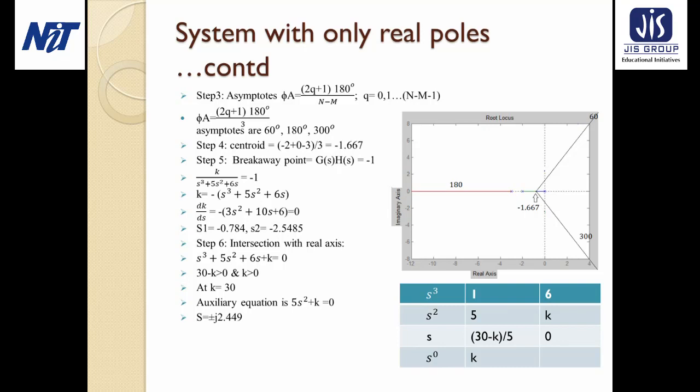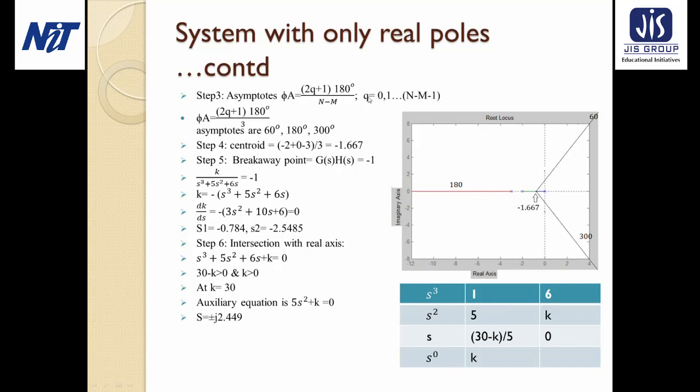So there will be 3 root locus branches going to infinity along asymptotes with angles given by (2q+1) × 180 degrees / (n - m), where n is the number of poles, m is the number of zeros, and q varies from 0 up to n - m - 1. Here n is 3, m is 0 and n - m - 1 is 2, so q varies from 0, 1 up to 2.